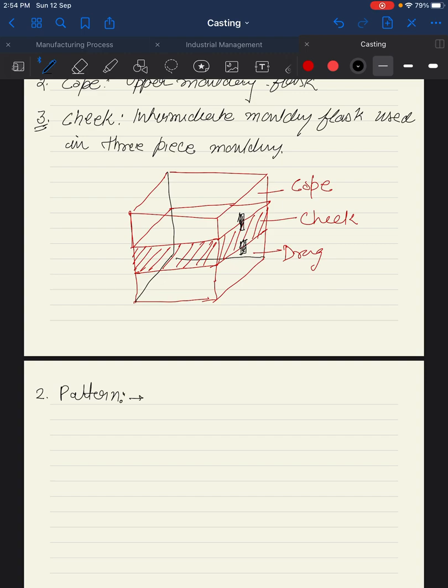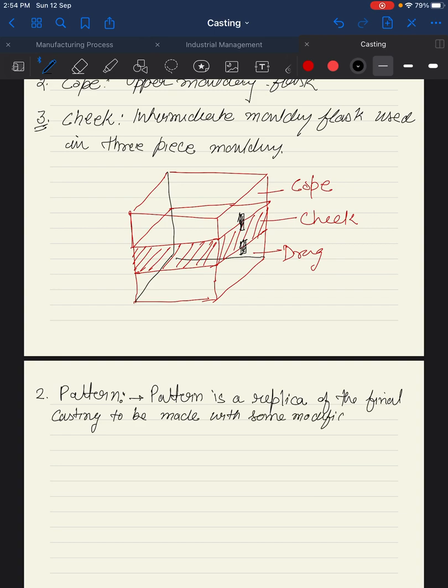Okay, pattern is a replica, or you can say duplicate of the final casting to be made with some modifications.